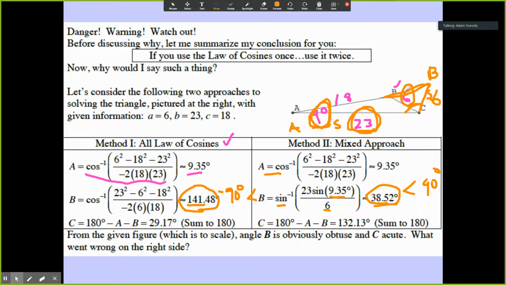Because law of cosines will give you an obtuse or an acute angle, you're going to want to use it twice, because if one of those angles happens to be obtuse, like in this case, the law of sines is going to give you the angle in quadrant 1, not the angle in quadrant 2.